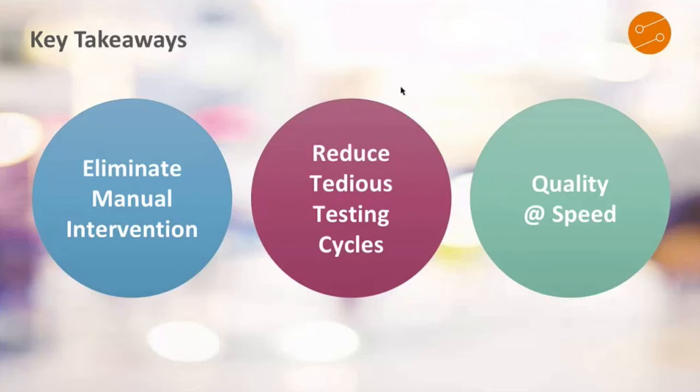Also, we can achieve quality by testing in the shortest amount of time, but achieving quality at speed when compliance comes into the picture becomes very difficult and quite complex. This is where we are helping organizations who are looking to test healthcare software with the highest quality at the fastest speed.